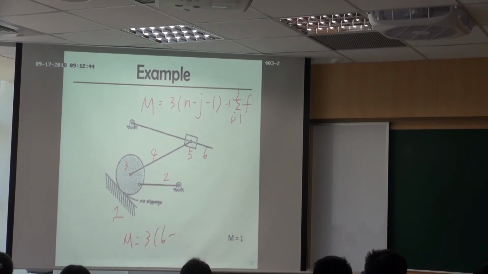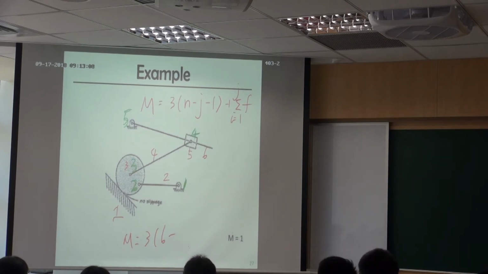And how many joints do we have in this mechanism? You have one R joint here, a second R joint here, a third R joint, a fourth R joint, and a fifth R joint. So 5 R joints.